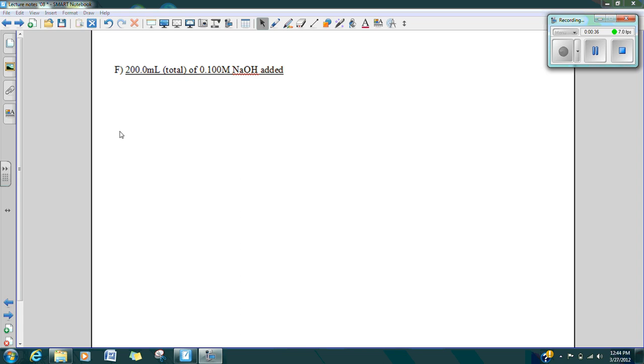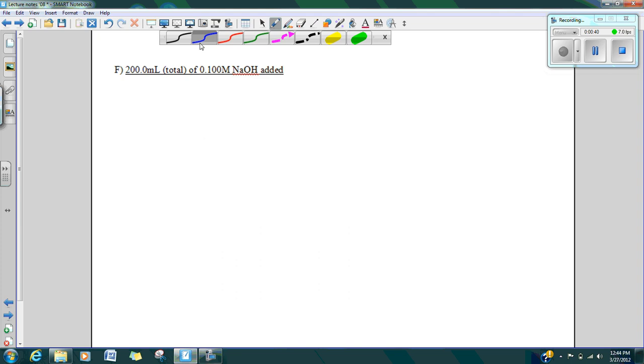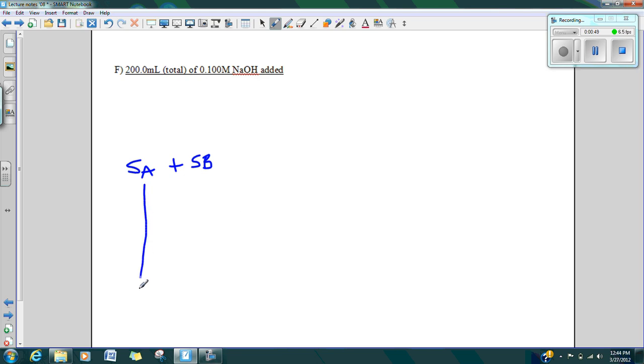If we take a look at the summary here, what we did is we had a strong acid plus a strong base. On our XY axis, up here is going to be our pH, and down here is the amount of OH we are adding.